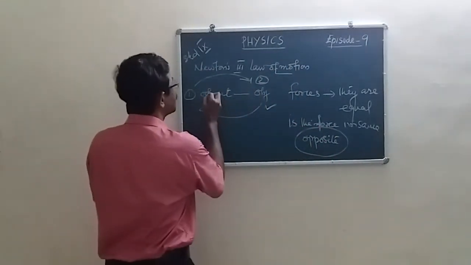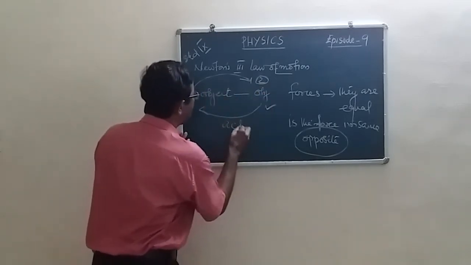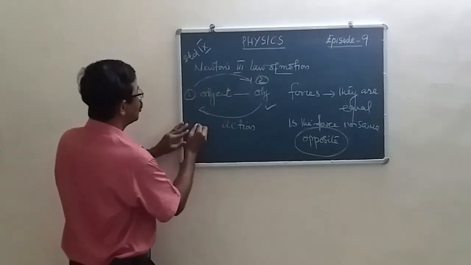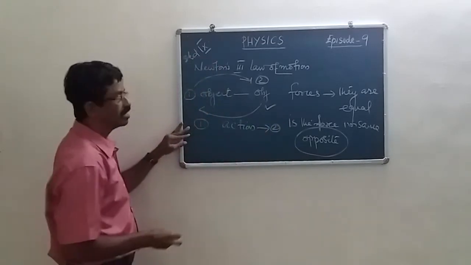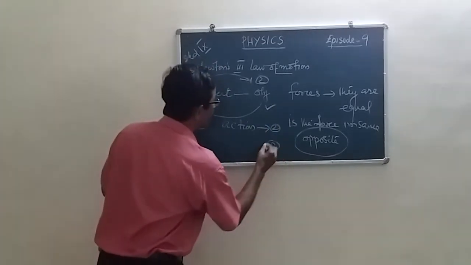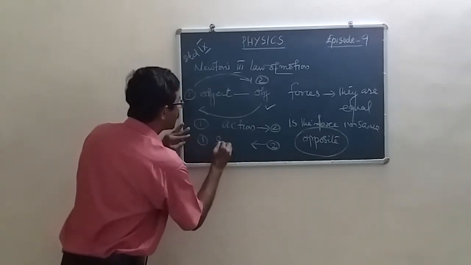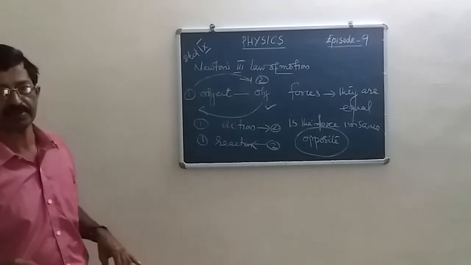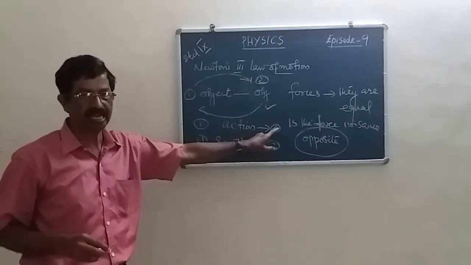The force exerted by the first object on the second, if we consider it as action, then the force exerted by the second on the first one is the reaction. So the force acting from first on second is the action.